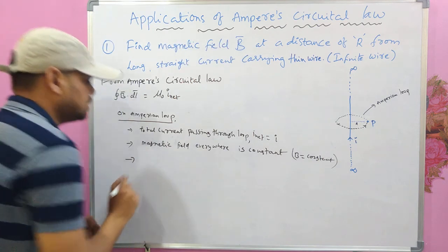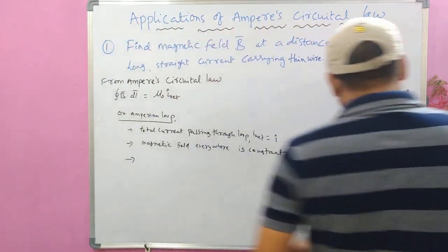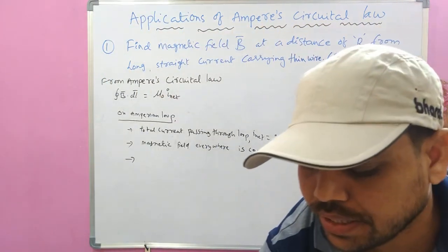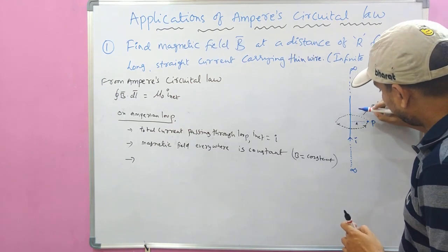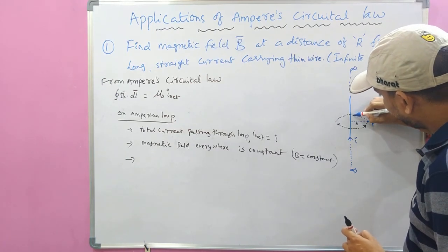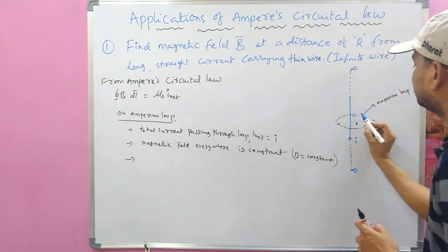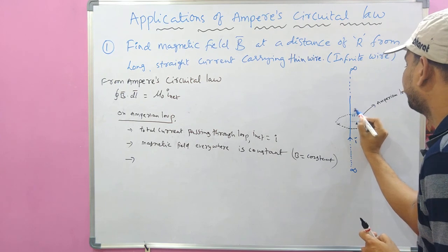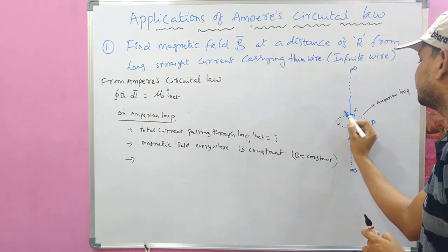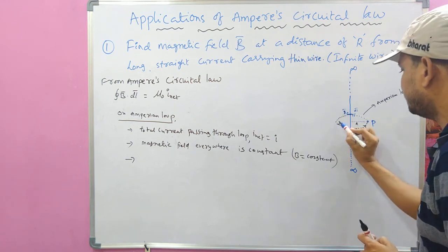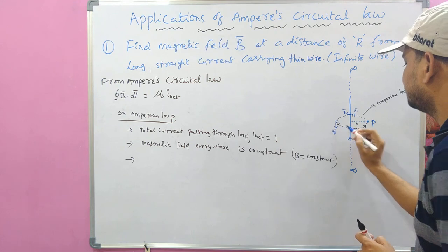The third point on the Amperian loop: if you select any small segment on the loop, for example, I have selected a path here, dl, whose length is dl. Along this, the magnetic field direction is this. If I select the path here, the magnetic field direction is this.